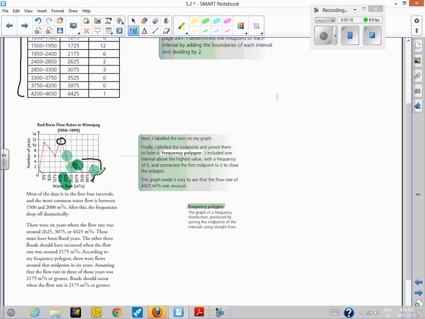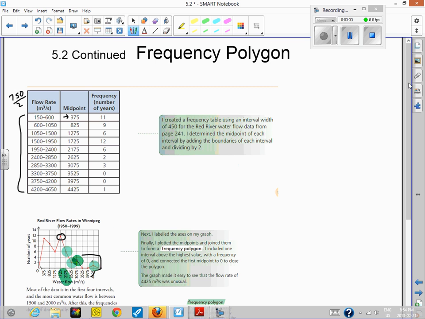So altogether, these showed your flooding areas. So whenever you have a flow rate higher than 2175 from this frequency polygon, it appears that you have a good likelihood of having a flood.